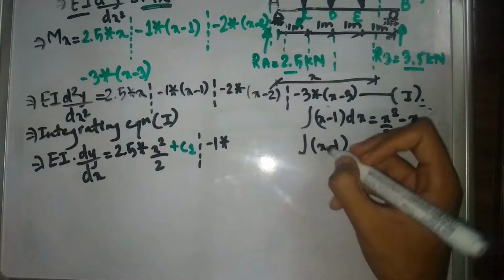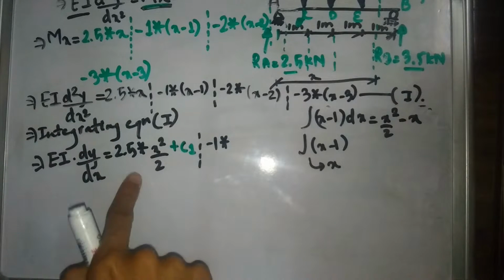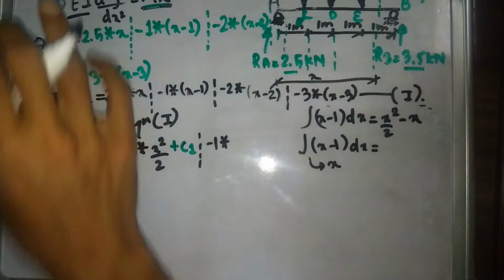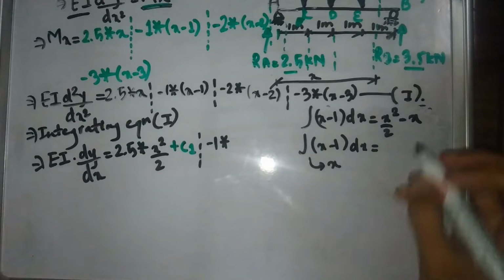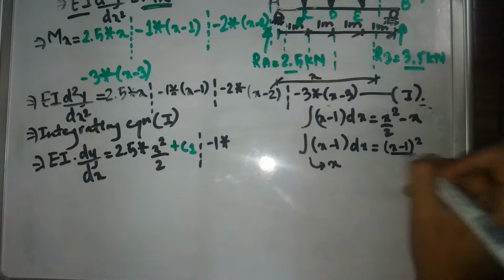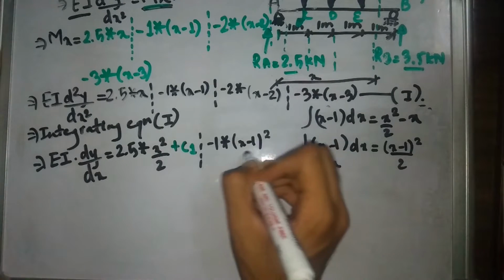We are going to treat x minus 1 as x. So whenever we're integrating x, we're going to get x square by 2. Whenever we're integrating x minus 1 in the double integration method, we're going to get x square by 2 only, but instead of x we have x minus 1, so it's going to be x minus 1 whole square by 2. So let me just write down x minus 1 whole square by 2.